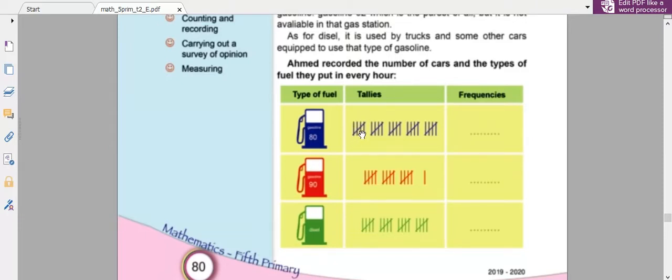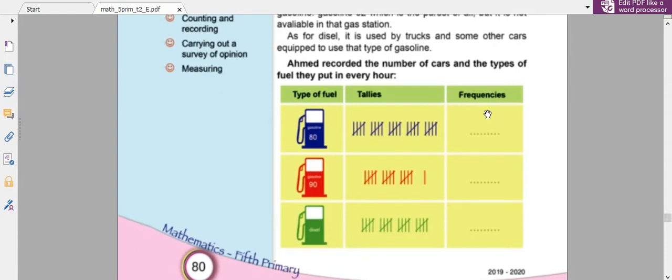So it's group 1, and so on for the other cars. So it's group 1, group 2, group 3, group 4, group 5, and each group has 5 cars or 5 items. That's how we use tallies to collect data.